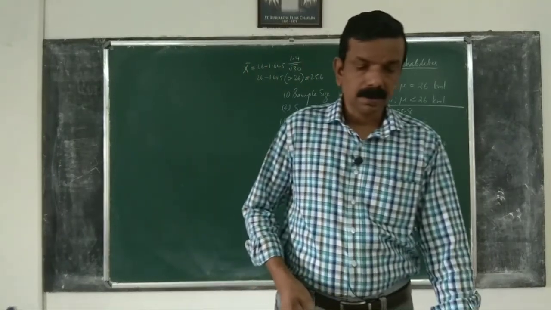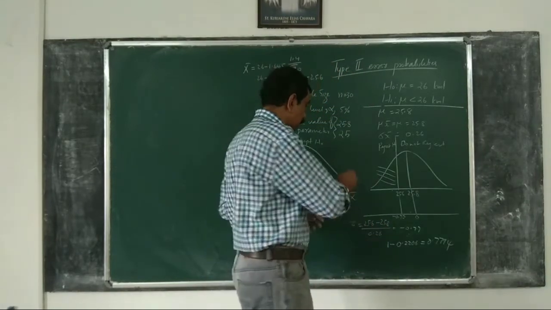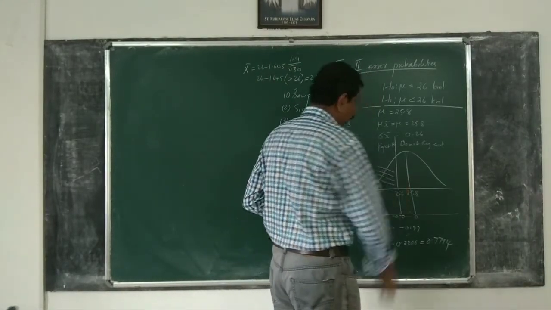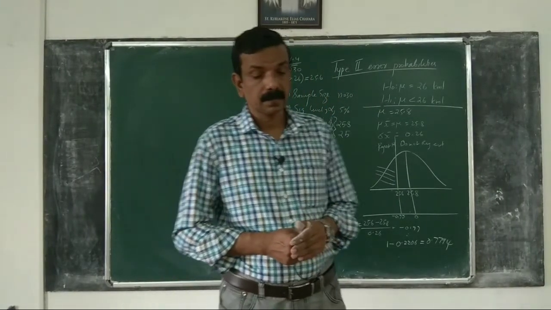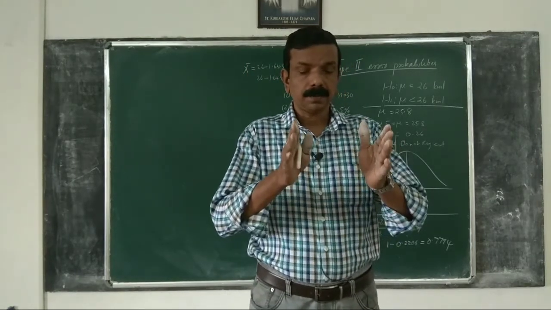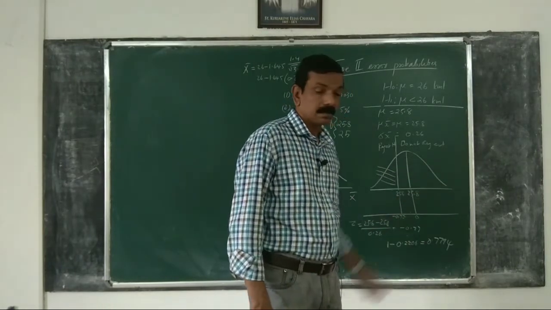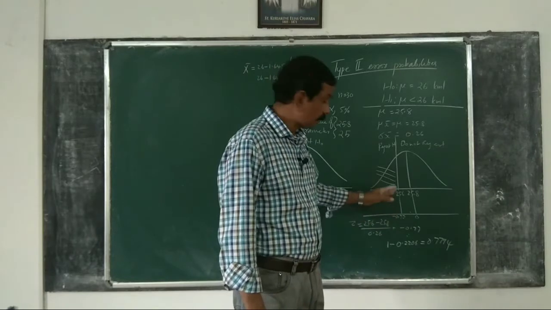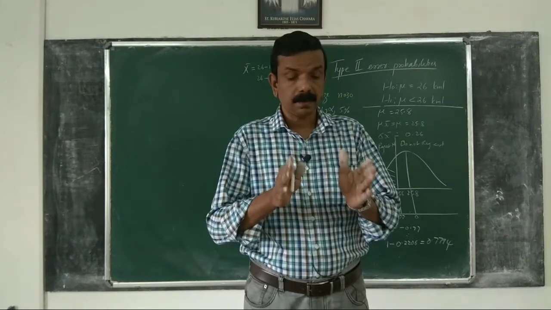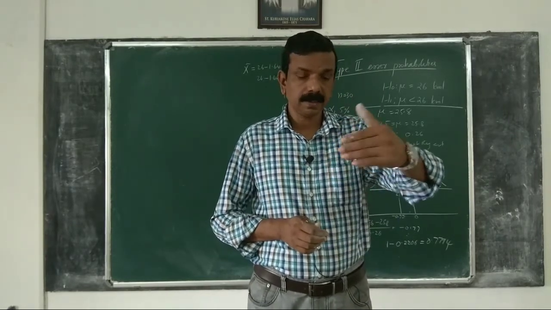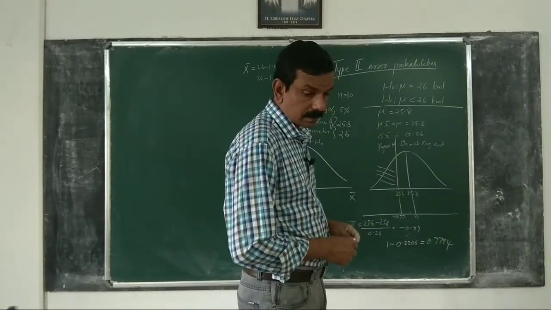So, type 2 error occurs if we do not reject H0 if x bar is greater than 25.6. And the probability of this happening is equal to the percentage of all samples which is greater than 25.6, and the probability of making such an error is 0.7794.